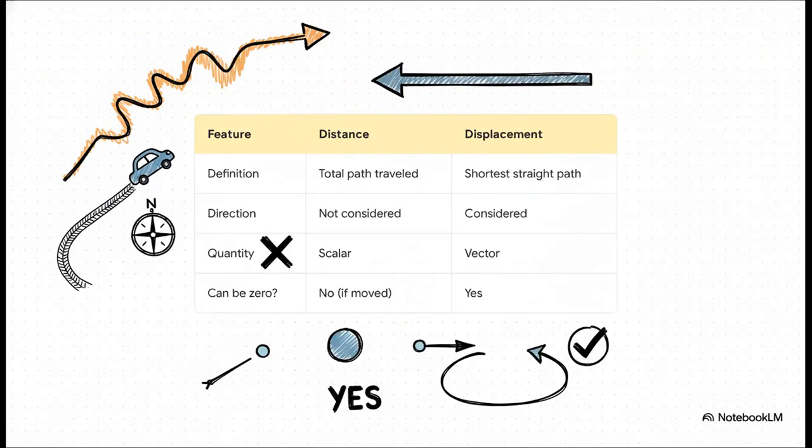First, the definition, total path versus shortest path. Next up, direction. Distance couldn't care less about direction, but for displacement, it is absolutely essential. That's why distance is a scalar, just a number, while displacement is a vector. And finally, can it be 0? Well, if you've moved at all, your distance can never be 0, but your displacement, oh yeah, it absolutely can be, as we just saw.